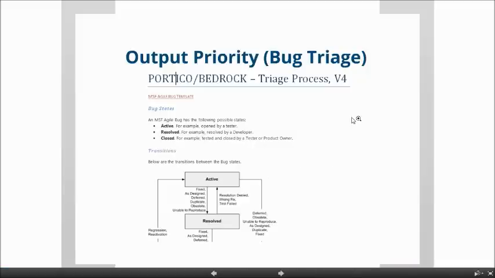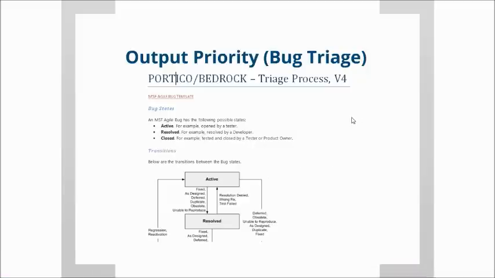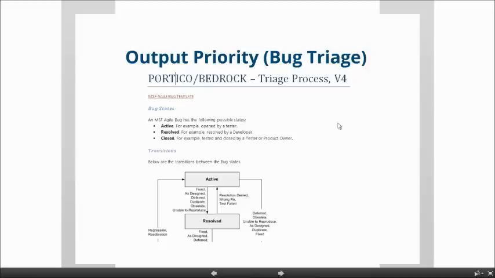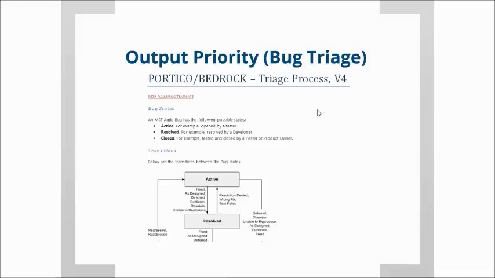And this is just the front page document of a triage process that we came up with. Basically, when you have a bug, you need to understand how you're going to handle it, how you're going to triage it. Triage, I believe it's a French word, is taken from the emergency room process of when the battle wounded come in.